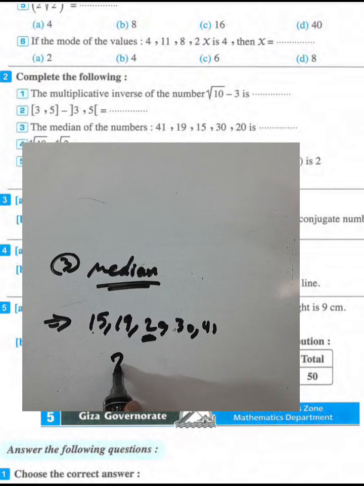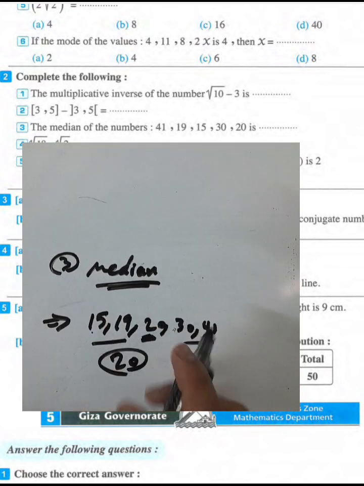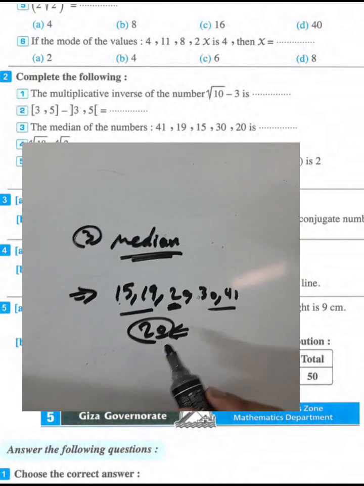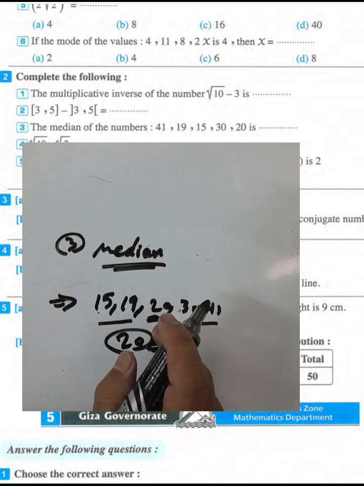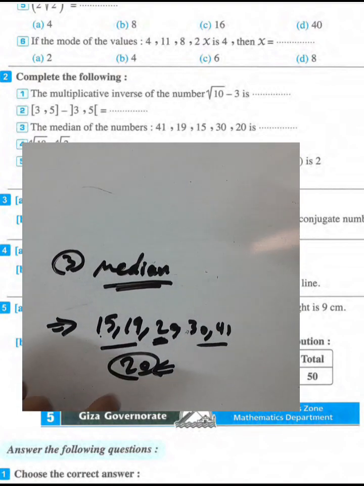Then 20 lies in the middle, with two numbers on each side, and the median will be 20. Okay, to find the median you must arrange all numbers ascendingly or descendingly and then take the middle one. Here 20 will be the median.